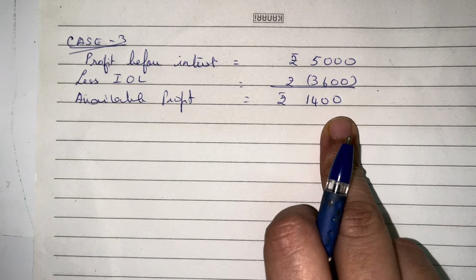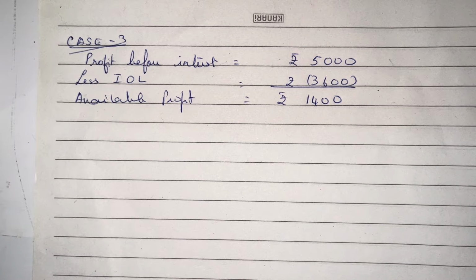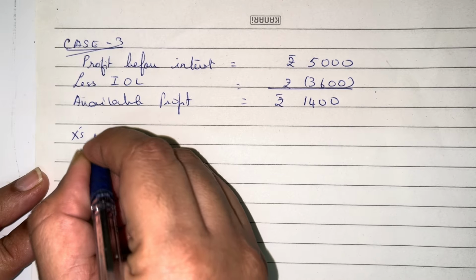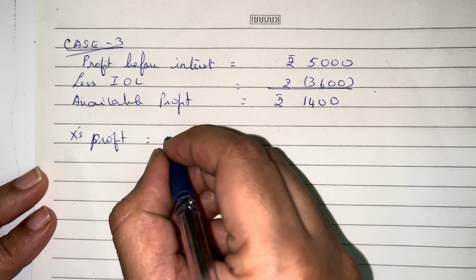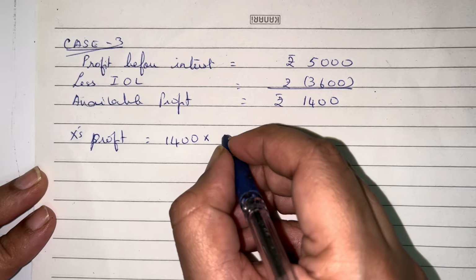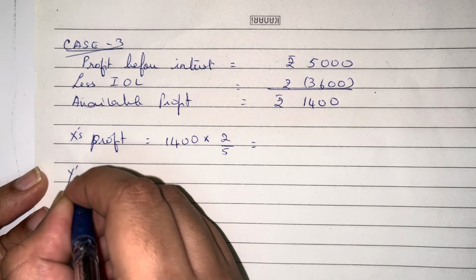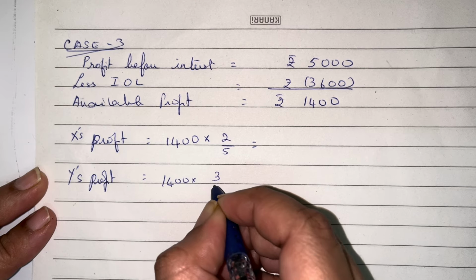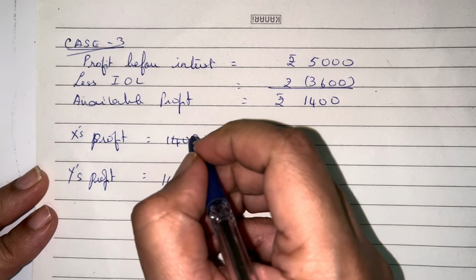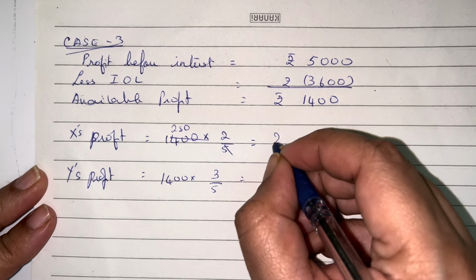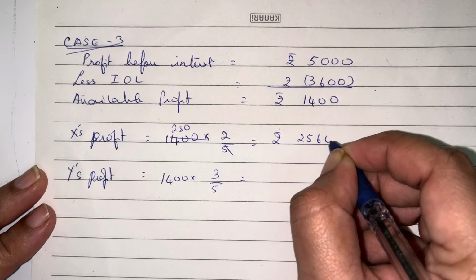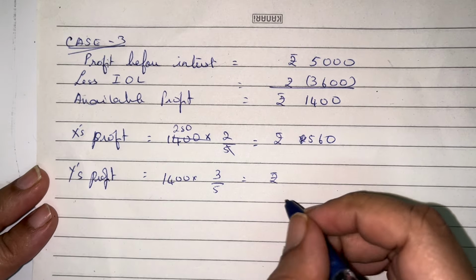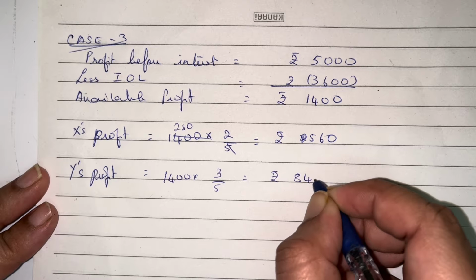Now this rupees 1,400 will be divided between the two partners X and Y in the ratio of 2:3. So X's share of profit would be 1,400 into 2/5, and Y's share of profit is 1,400 into 3/5. That would be 280, rupees 560 and rupees 840.